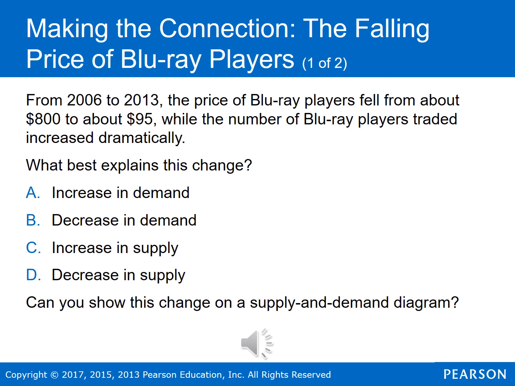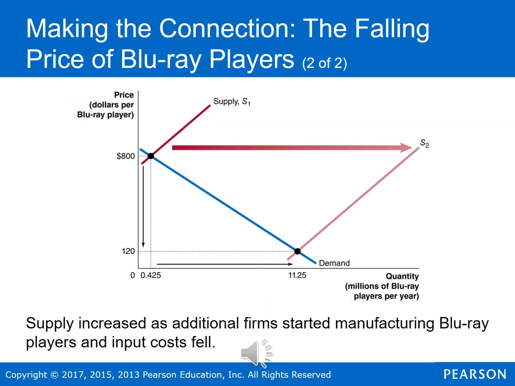Well, let's turn to our supply and demand diagram to help work this out. Here we have a supply and demand curve showing the equilibrium for Blu-ray players. Originally, back in the beginning of our period, the price was about $800. At $800, the quantity demanded and quantity supplied on the market was 0.425 million Blu-ray players.